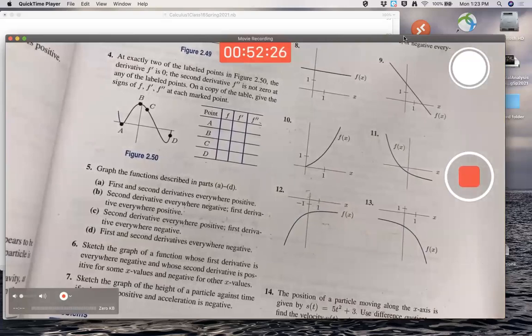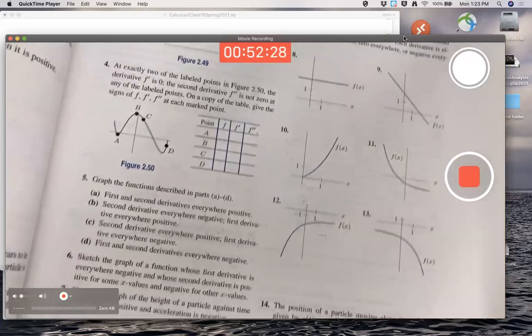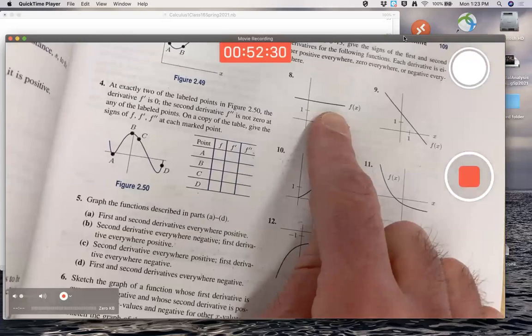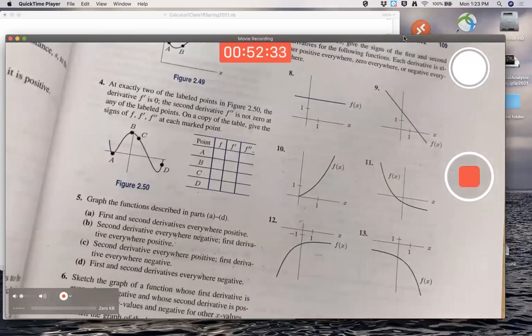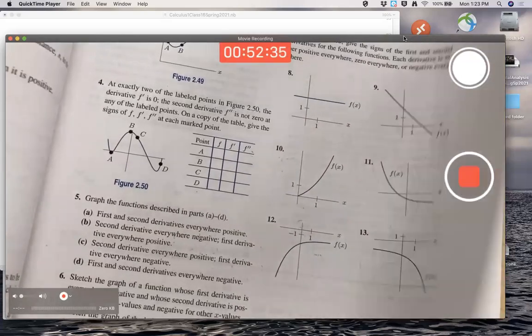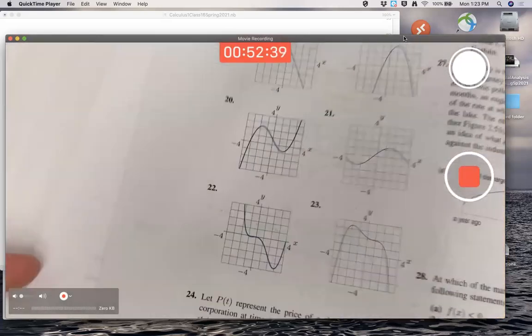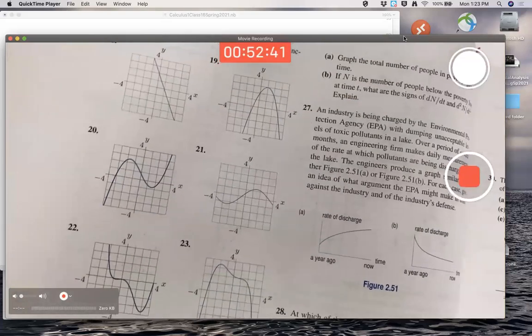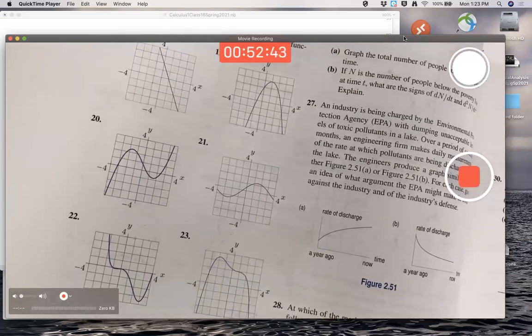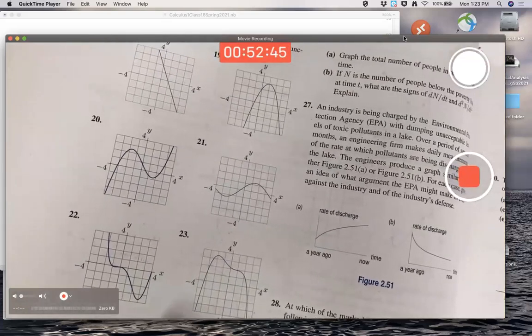And is the second derivative positive or negative everywhere? Or are they both 0, perhaps, like this one? More graphical interpretations. You're supposed to take these graphs and try to graph the second derivative. That's pretty tricky. I'll probably just assign one of those.